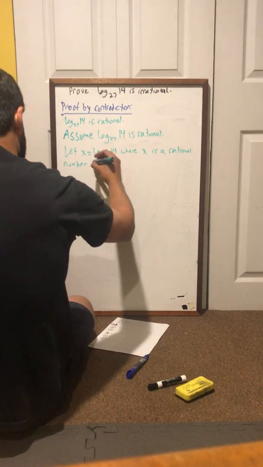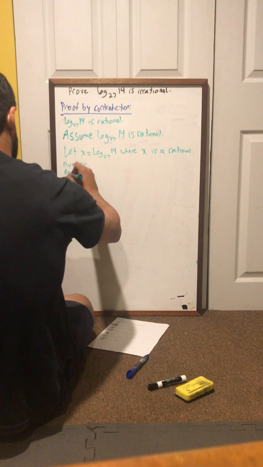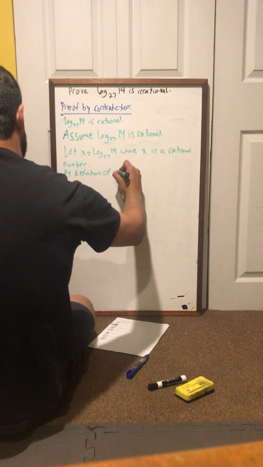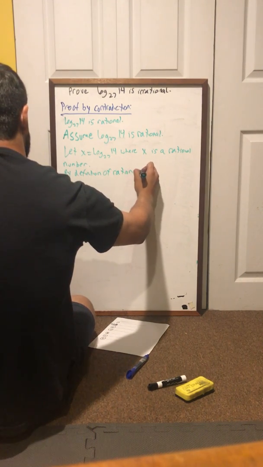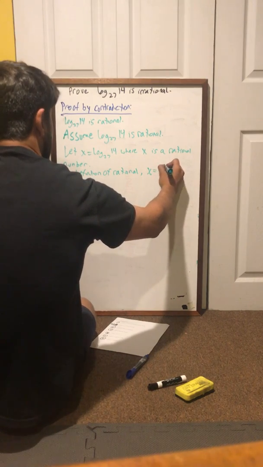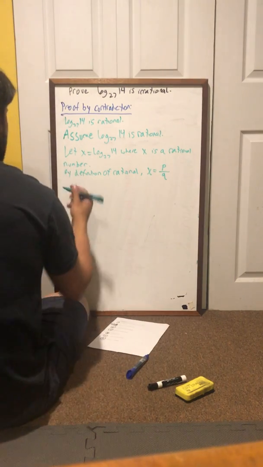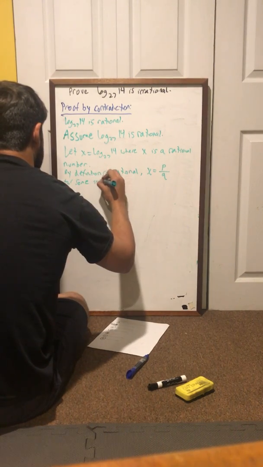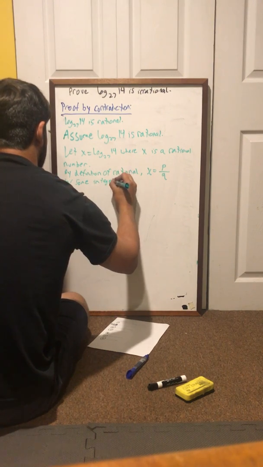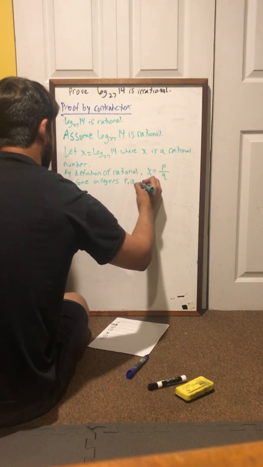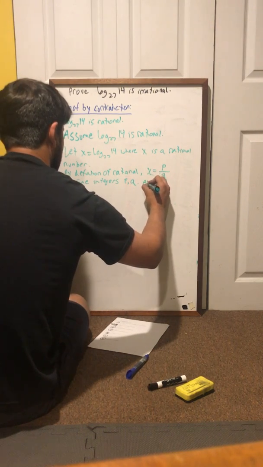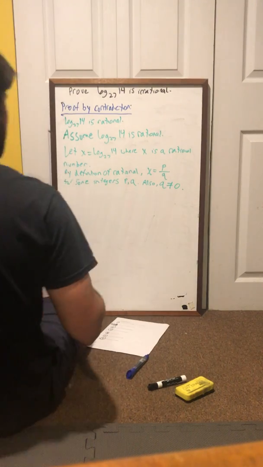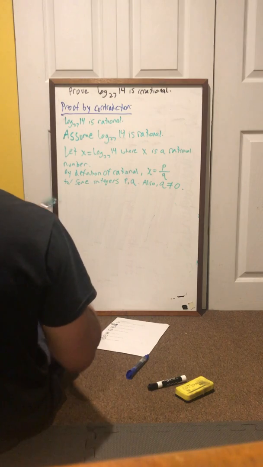By definition of rational, x equals p over q for some integers p, q. Also, q is not equal to 0. We can't have the denominator be a 0.